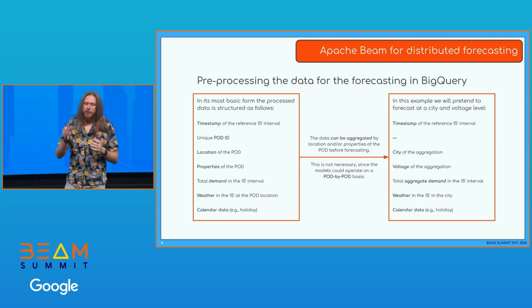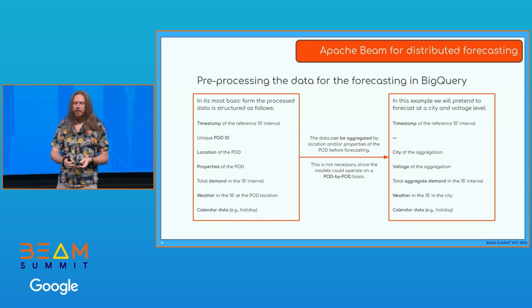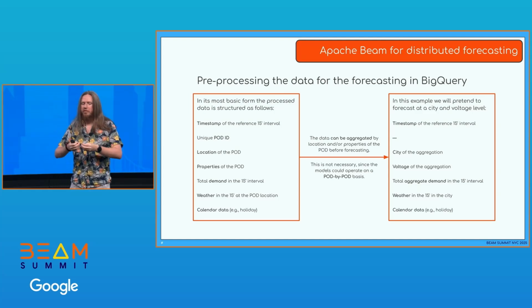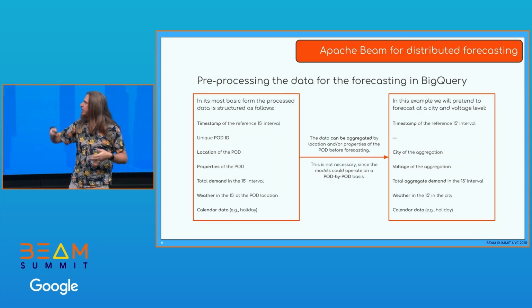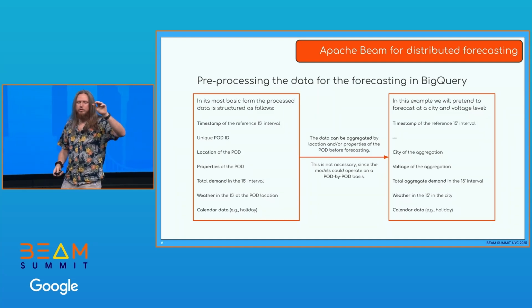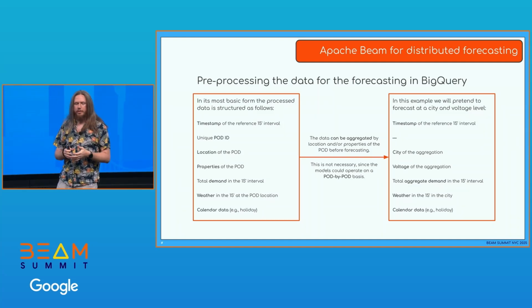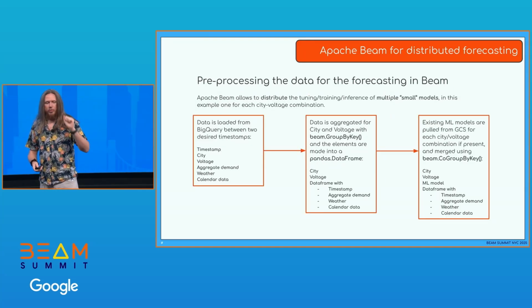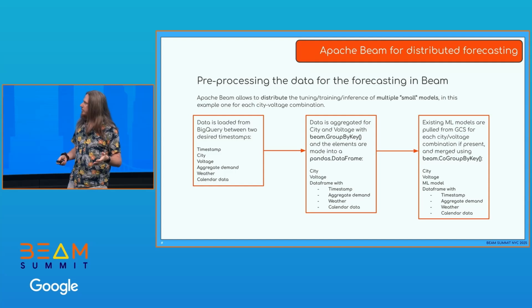In this example, we are going to aggregate it by city, with respect to the geography and voltage. For example, a single key in this case could be Milan, the 220 volt categories, all aggregated. Once we do this, we start with Apache Beam.